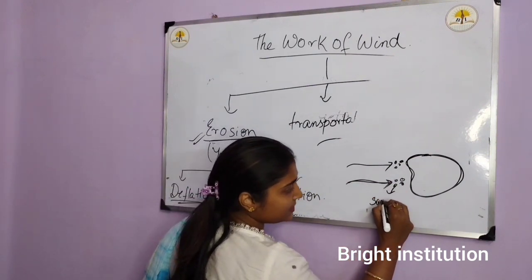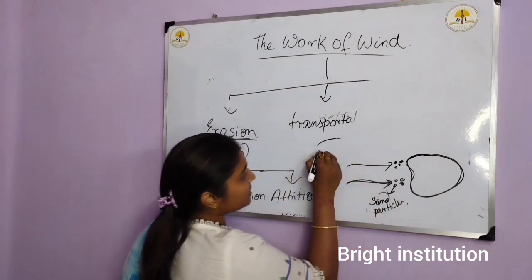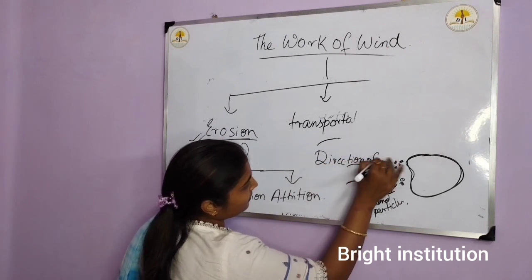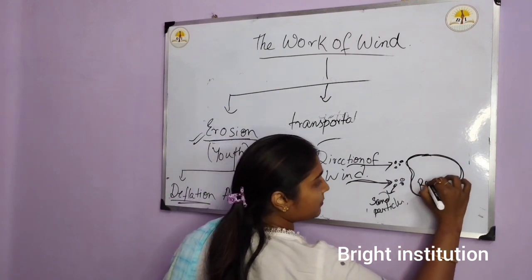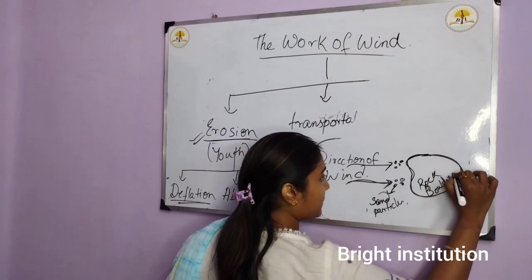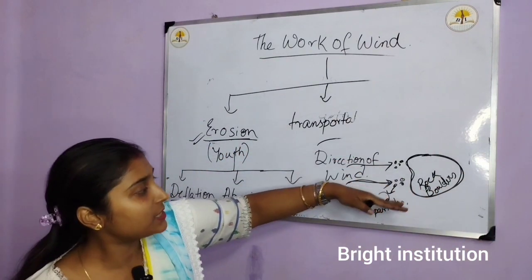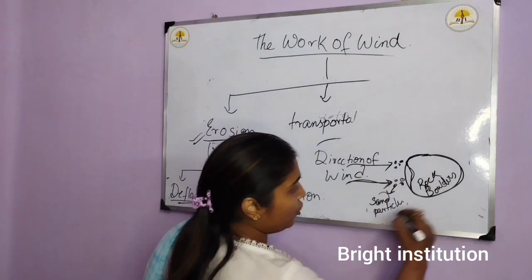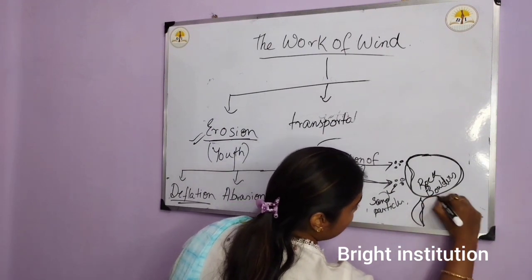These are some sand particles. This is the direction of the wind. And these are large boulders. Now what will they do? The wind is moving in this way, carrying some sand particles, and they will collide with the large rock boulders. Then this part will be polished and become much gentler.